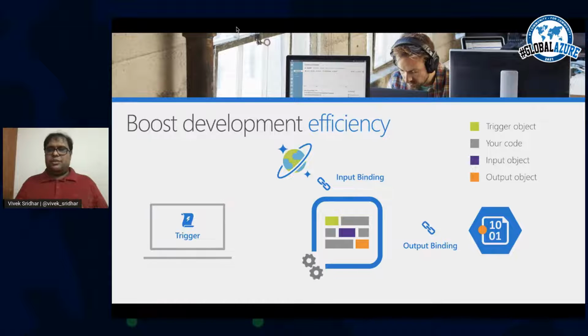As I told you, triggers and bindings are provided by Azure Functions, and a trigger could be an HTTP trigger, which is an HTTP event, or an event through Event Hubs, or Blob Storage. Whenever you push something onto the object storage, a trigger happens, or whenever you update a Cosmos DB, a trigger happens.